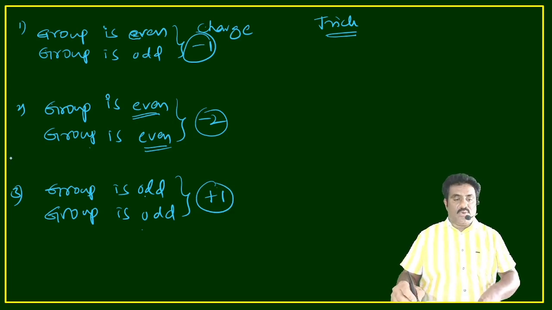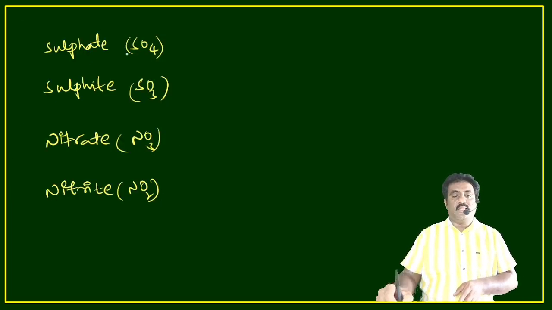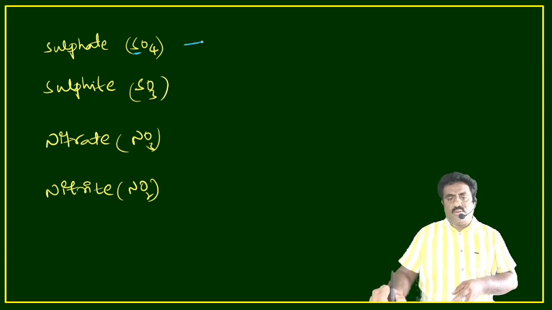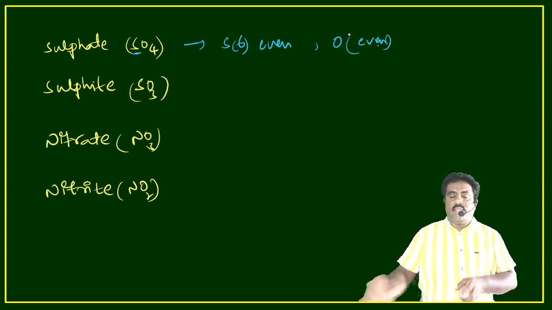Have a look at examples. Sulfate means SO4. Sulfur, what is its group? Sulfur is sixth group, so it is even. Oxygen is also sixth group, so it is even.